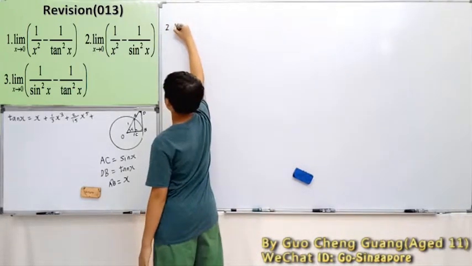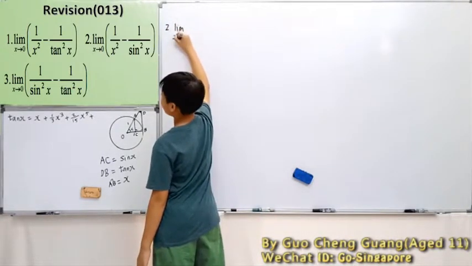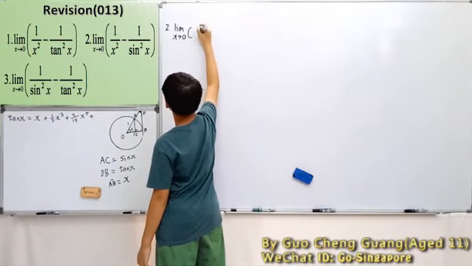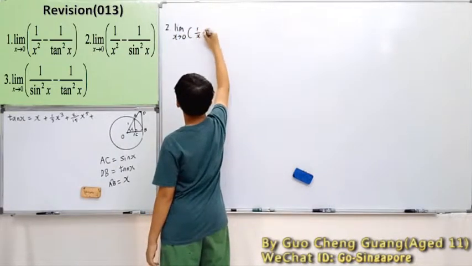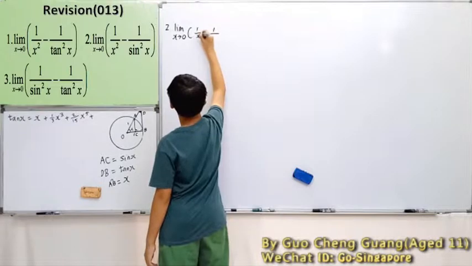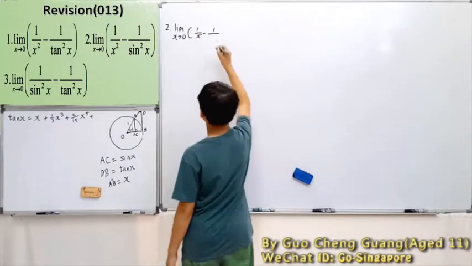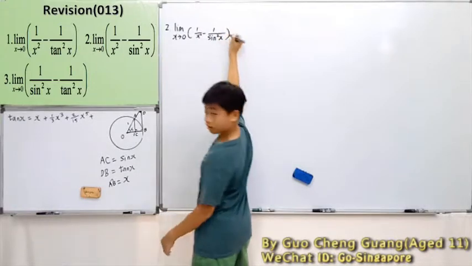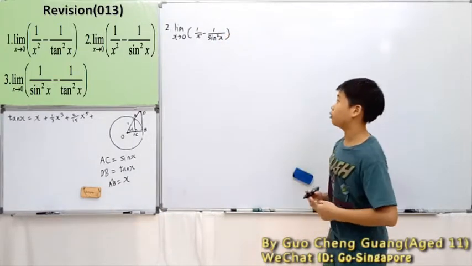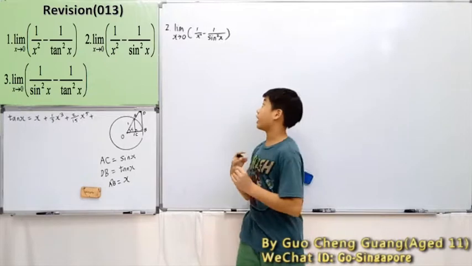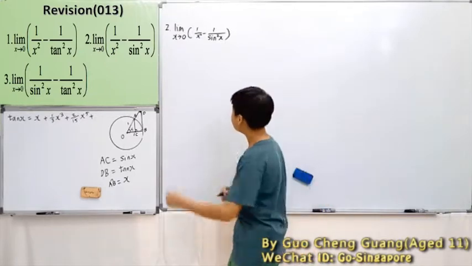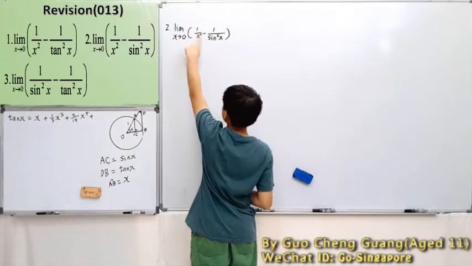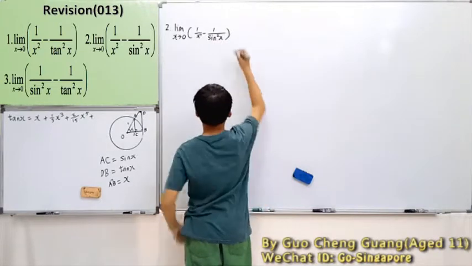With this second example, you have limit x approaches 0, then bracket 1 over x squared minus 1 over sine square x. This example, let's first check what type of form this is. At 0, it's infinity minus infinity.